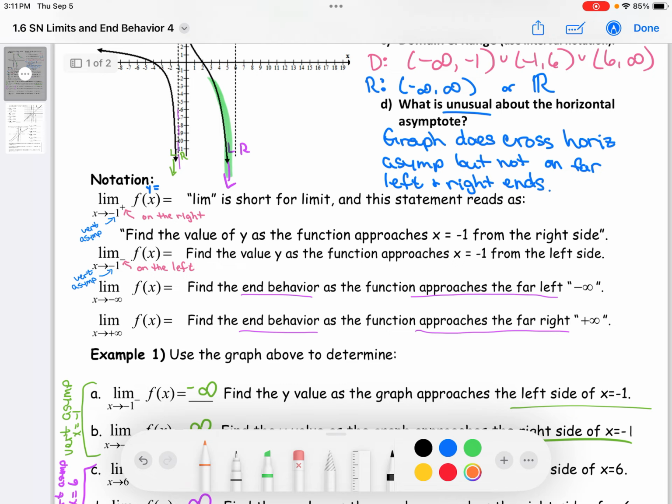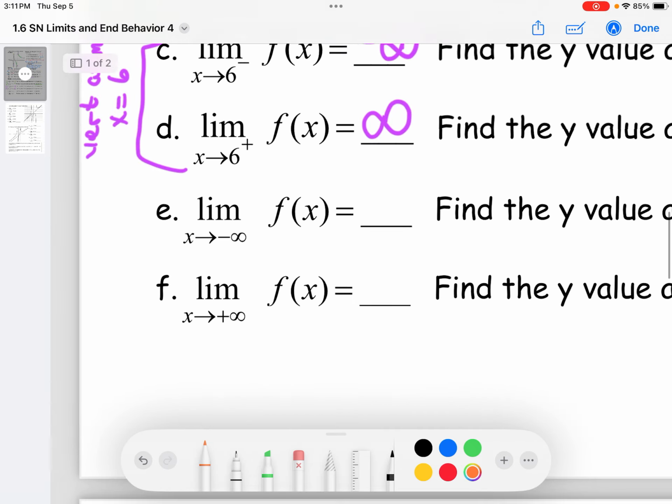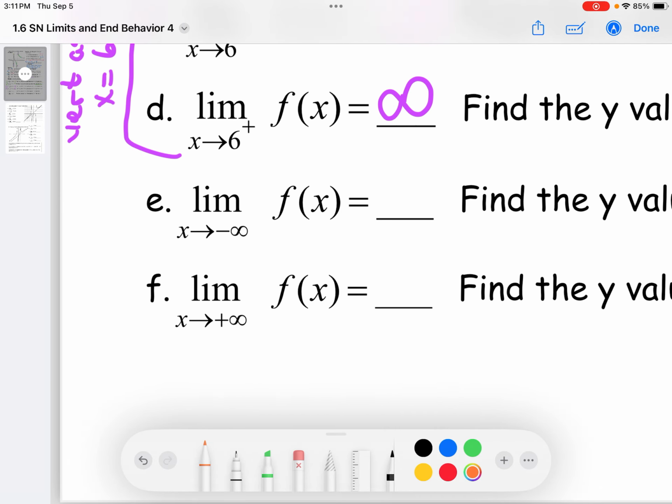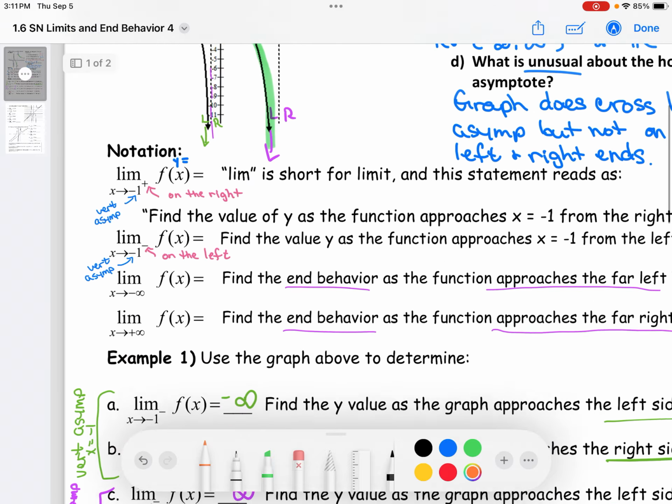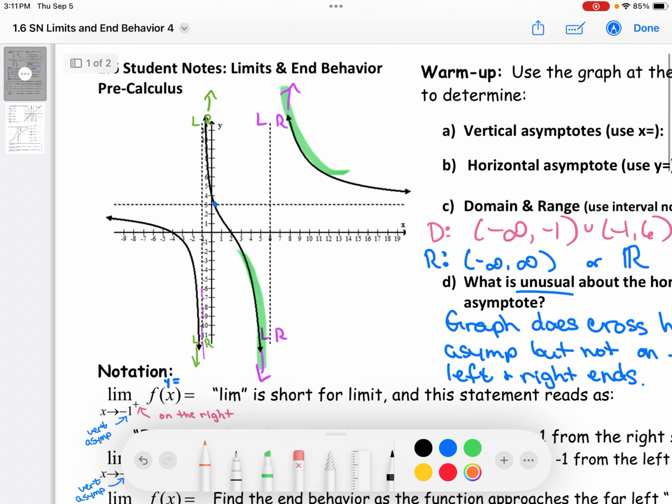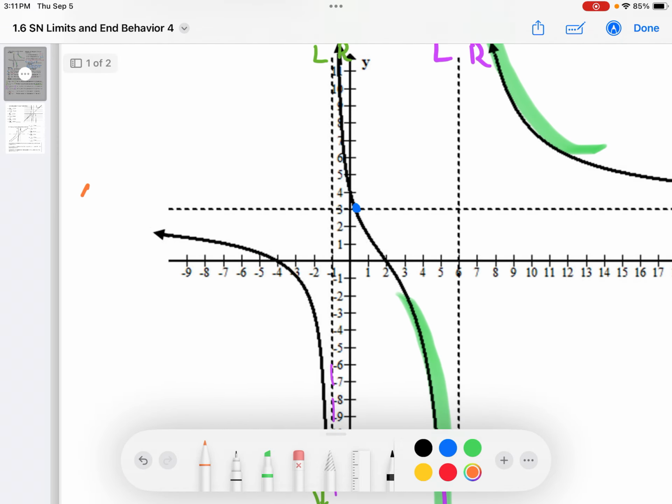Now, let's talk about the infinite limits. Limit as x approaches negative infinity. This is the far, far left edge of the graph. What's going on on the far, far left of the graph? This is where x is approaching negative infinity.